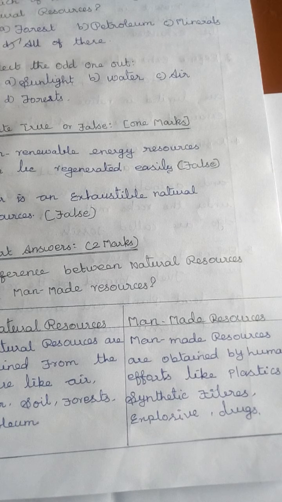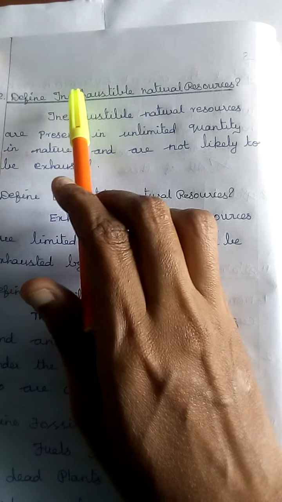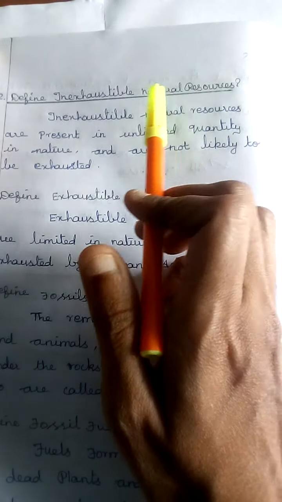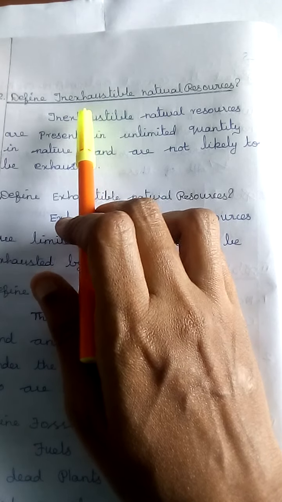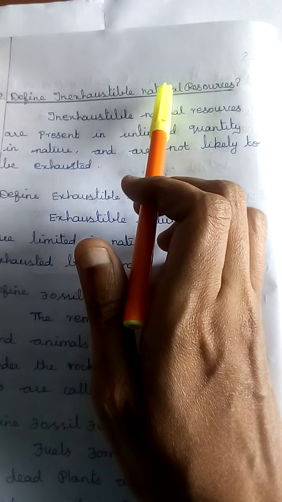Okay, so that was the first question. Next, the second question: define inexhaustible natural resources. The types of natural resources are inexhaustible natural resources and exhaustible natural resources.